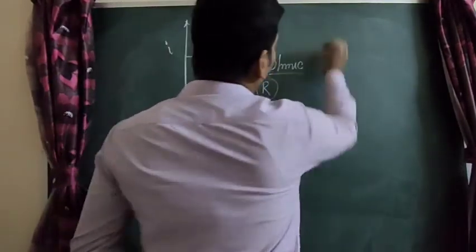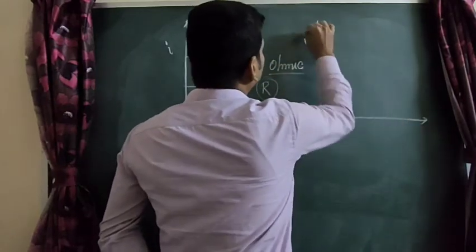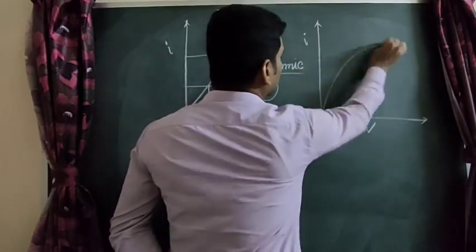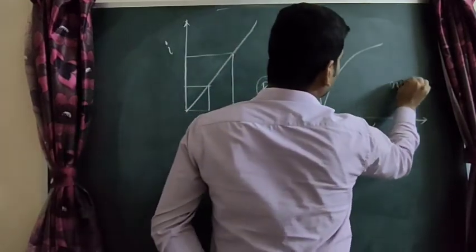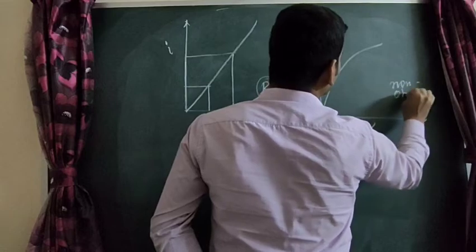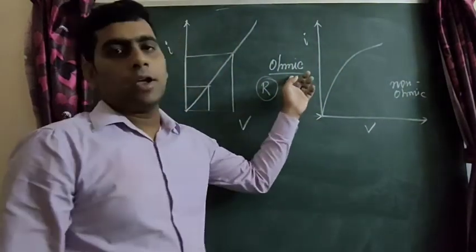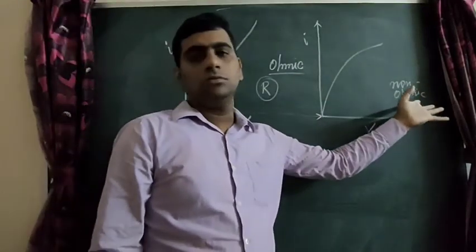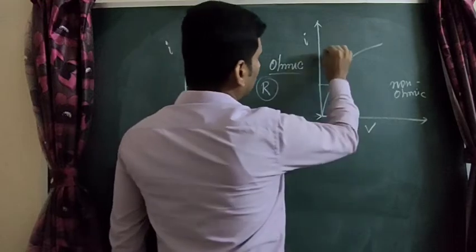Another one is non-ohmic, like a diode valve or triode valve. What we get there, suppose, is a curve like this. This is for non-ohmic, which does not follow Ohm's law. One which follows Ohm's law is ohmic, one which does not is non-ohmic. The slope here will be different.